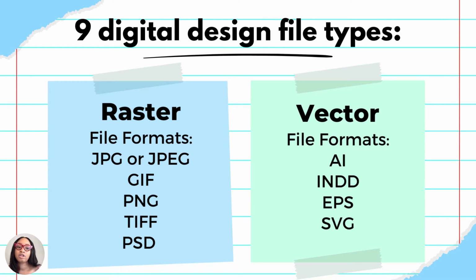So the 9 digital design file types are broken down into 2 different file formats. You have your raster and you have your vector. In regards to raster, that considers JPEG, GIF, PNG, TIFF, and PSD. For your vector file formats, that includes AI, which is Adobe Illustrator, INDD, which is Adobe InDesign, EPS, and SVG.